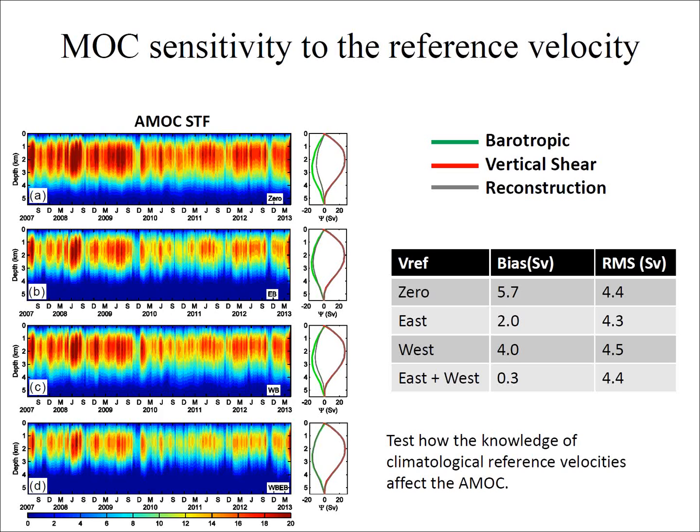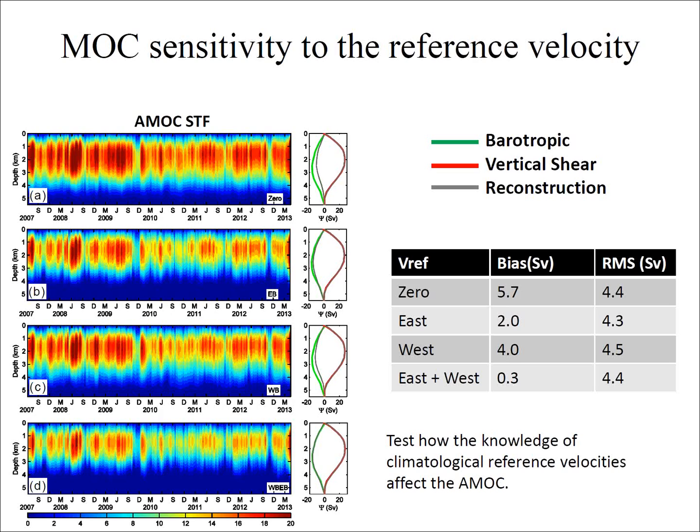With the eastern part it seems you get the best stream function mean here. With the western one you have an improvement, but the eastern seems to be better. And when you add both, you get right almost on top.